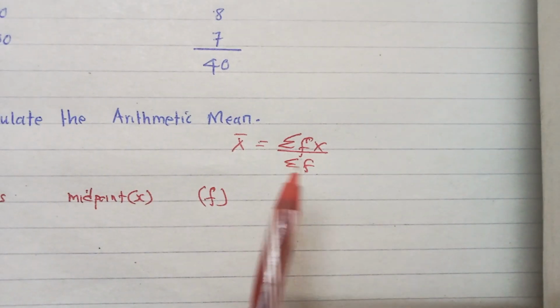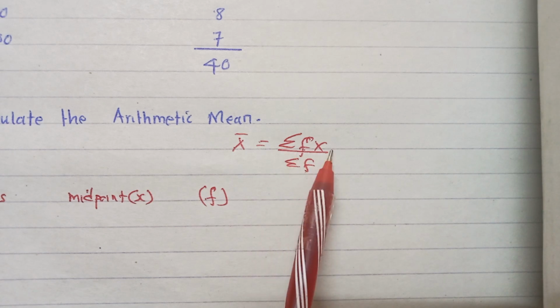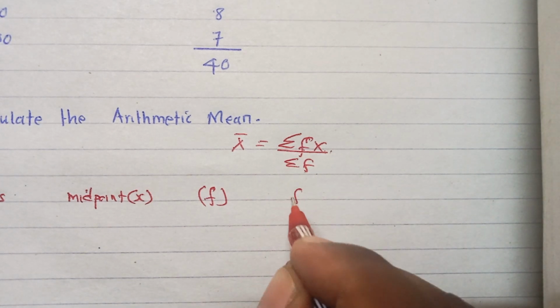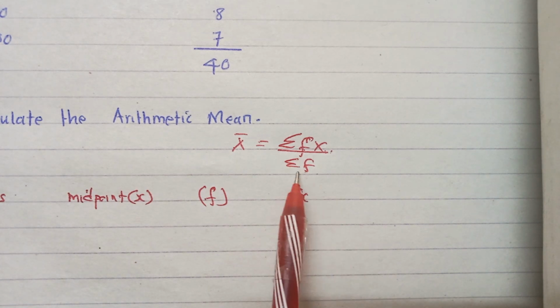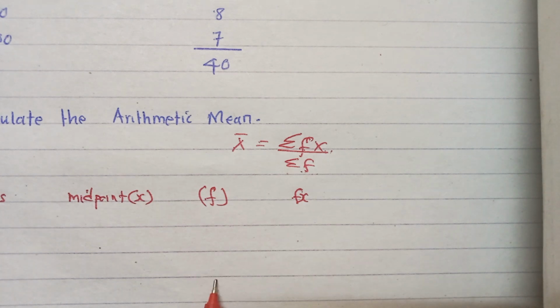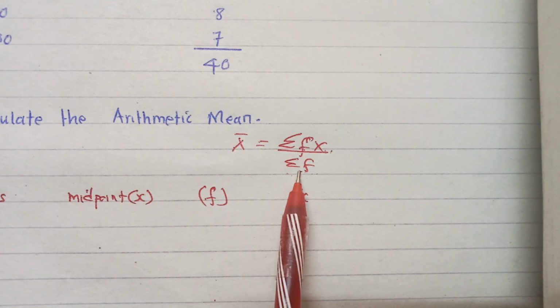And then because the formula says that x bar is equal to summation of fx, we are supposed to have a column of fx. We are not supposed to have another column for summation of f, because we have the f column, meaning if you add all the elements in this column, we obtain the summation of f.